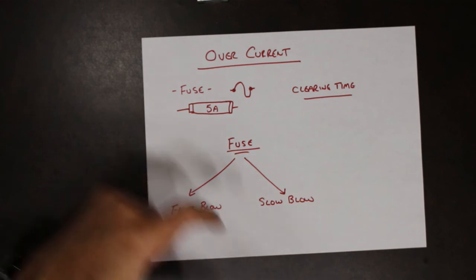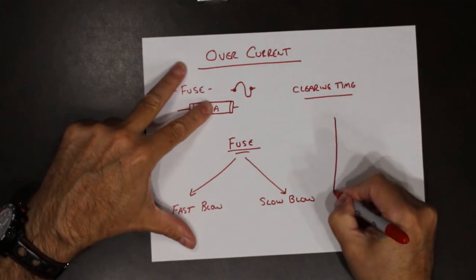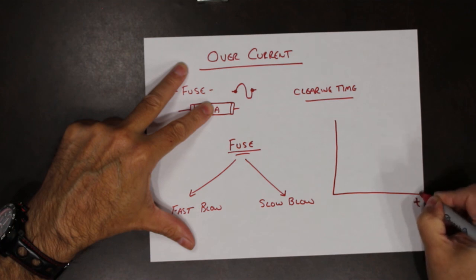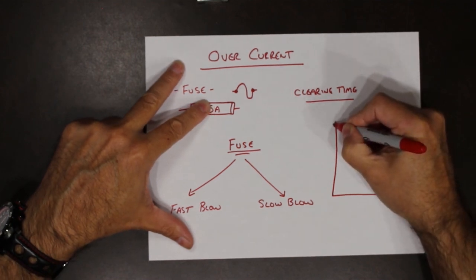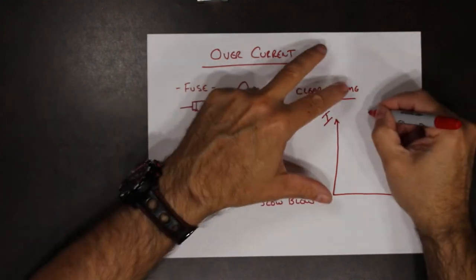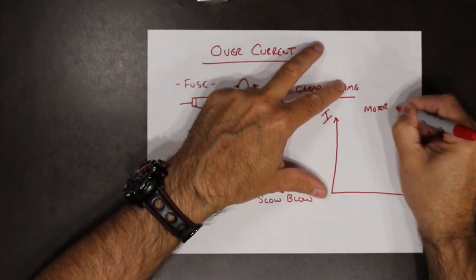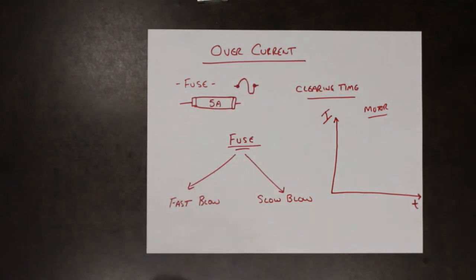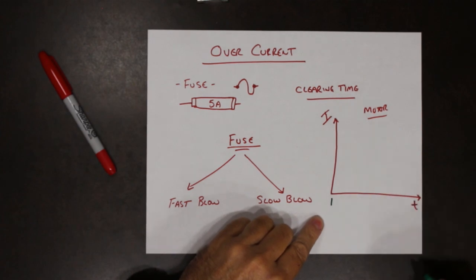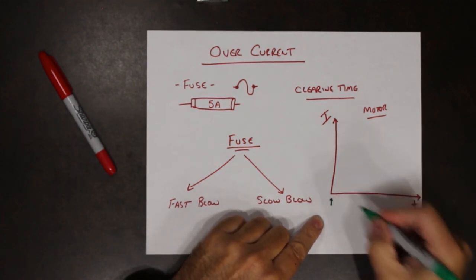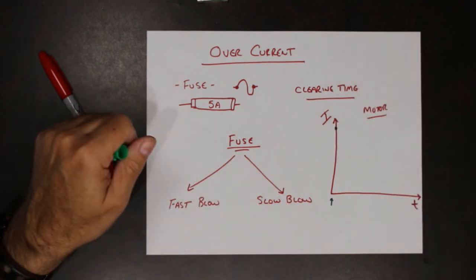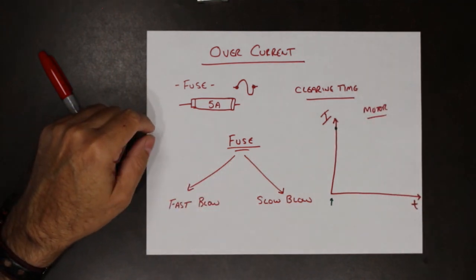If we actually looked at time versus current of a motor, when I start a motor, so here's my starting time of the motor right here, the current jumps way up high.